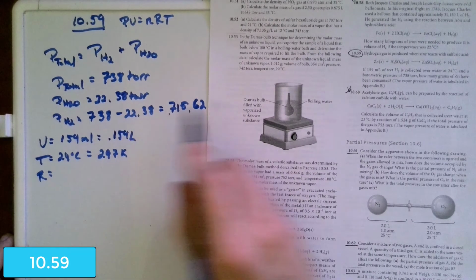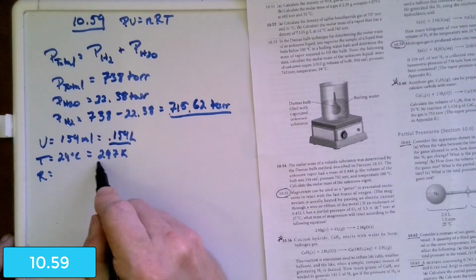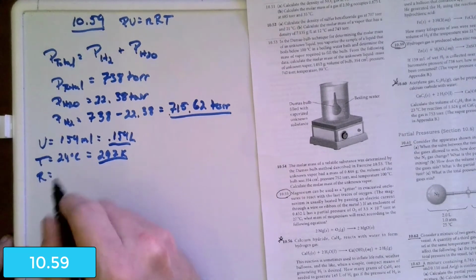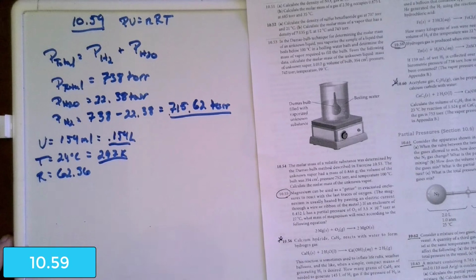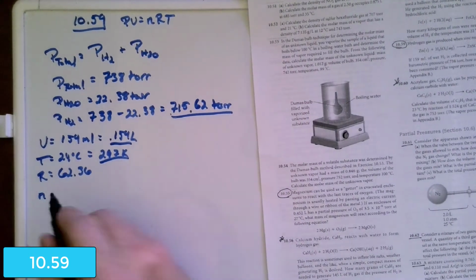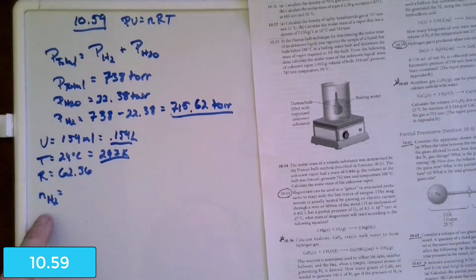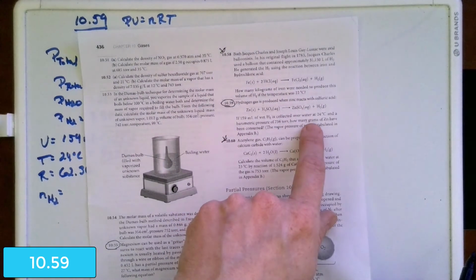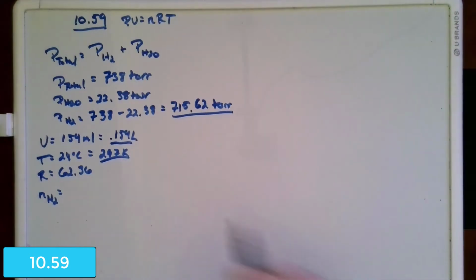The pressure given to me this time around is in torr, so my R value should be the torr R value, which is 62.36. And then finally, I simply don't know the number of moles. Remember, we're solving for the gas present, which is the hydrogen gas. If I can solve for the number of moles of hydrogen, then I can solve for the grams of zinc using stoichiometry.